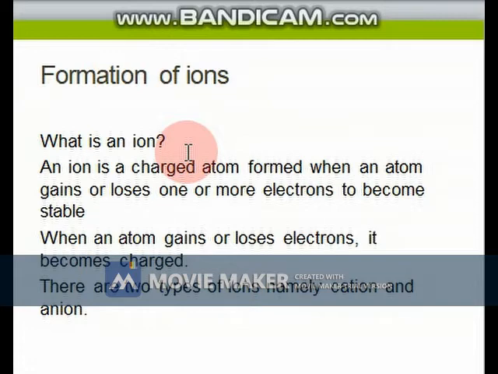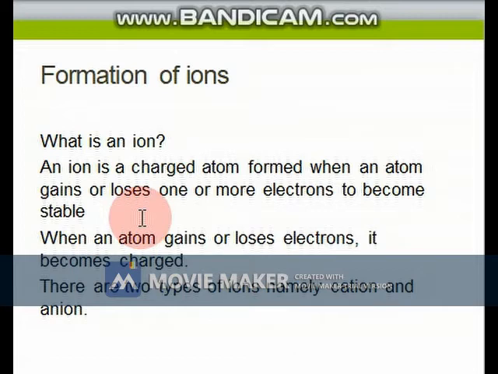When it loses electrons, it comes with a certain character. Likewise, if it gains electrons, it comes with a certain character. So an ion is a charged atom formed when an atom gains or loses one or more electrons to become stable. When an atom gains or loses electrons, it becomes charged.